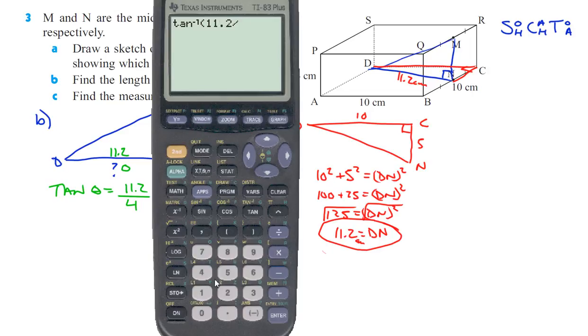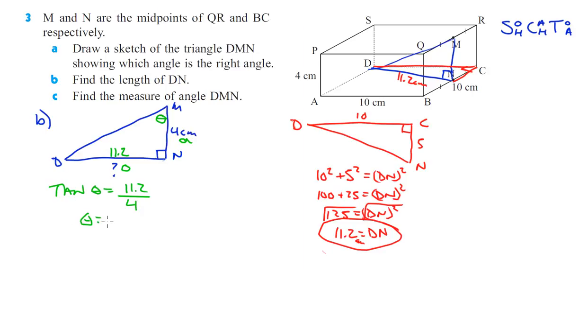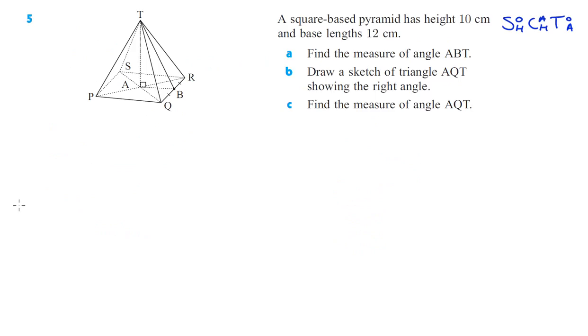That gives us 70.34, so we'll call that 70.3. 70.3 degrees is the angle for DMN. Okay? All right, let's move on to the next one, number 5.